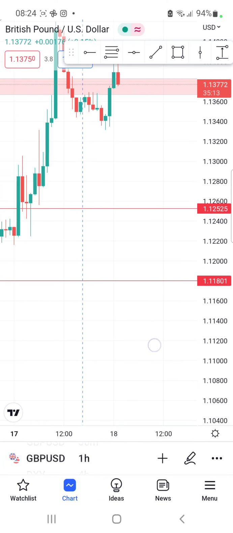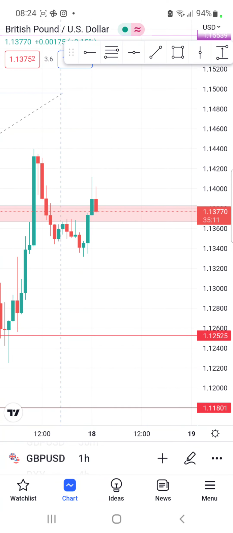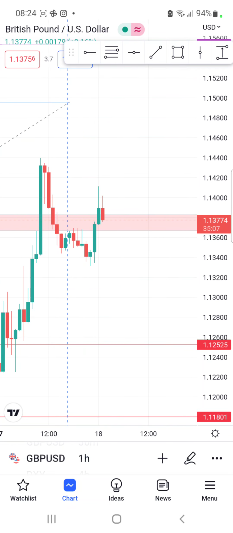If you zoom, whenever you see the time zone you are looking at, for 1 hour every candle represents price movement within an hour, right? If you go to 30 minutes, every candle represents the price movement of 30 minutes.